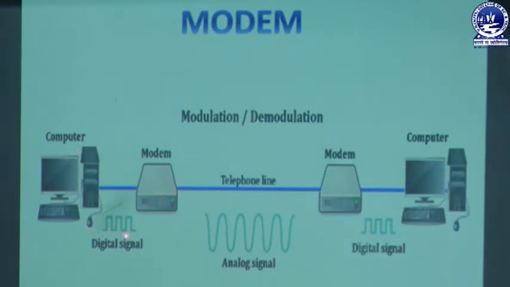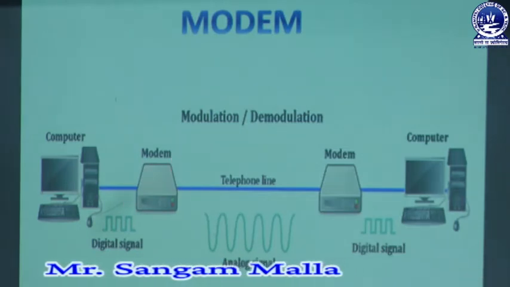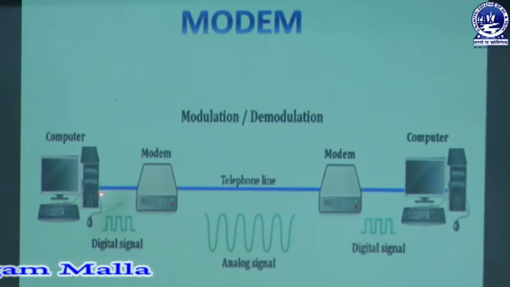Here is the graphical representation of a digital signal, and this is the graphical representation of an analog signal. This is discrete in nature and this is continuous in nature. The digital signal gets converted to analog signal with the help of the modem. Here this line is digital in nature and this line is analog in nature, so a modem is connected in between to convert the digital signal to analog signal.